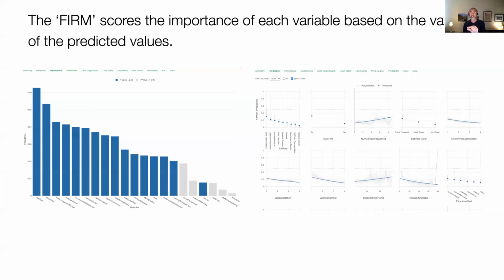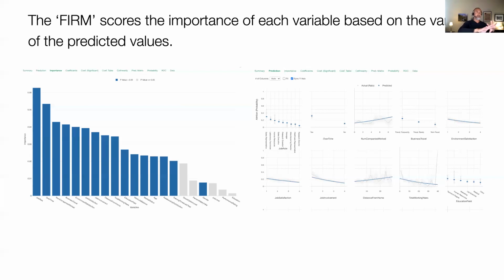You see that the ratio or probability changes a lot with the number of companies worked, compared to environmental satisfaction at the top right. That changes too, but the variance is on a slightly smaller scale. So the number of companies worked changes the ratio more than environmental satisfaction does.